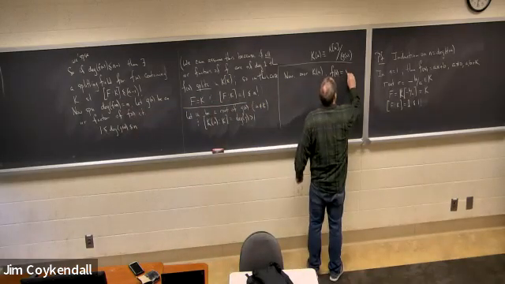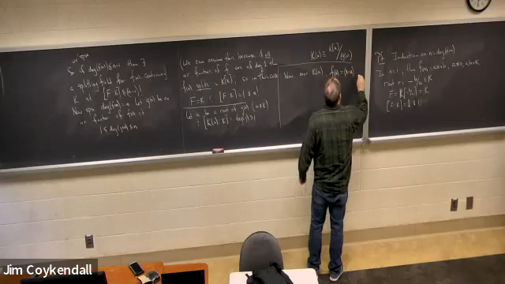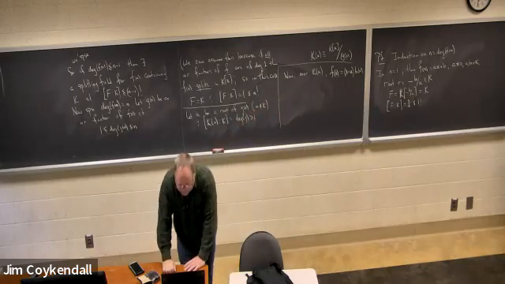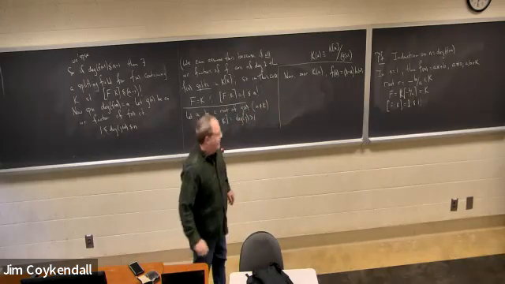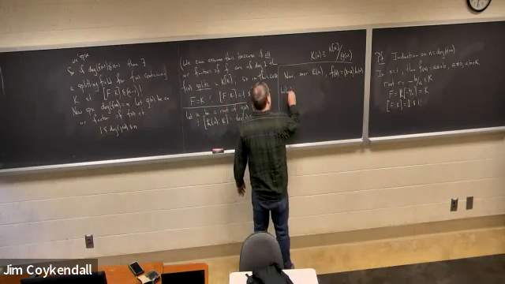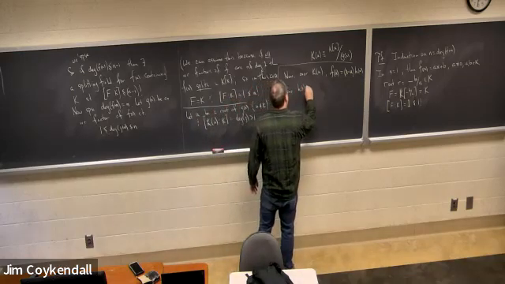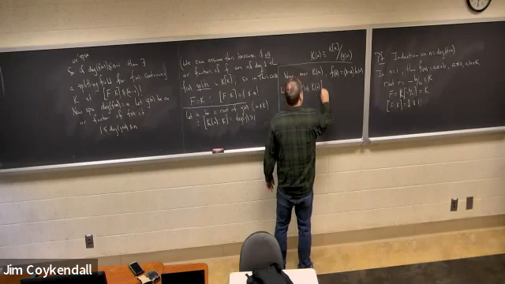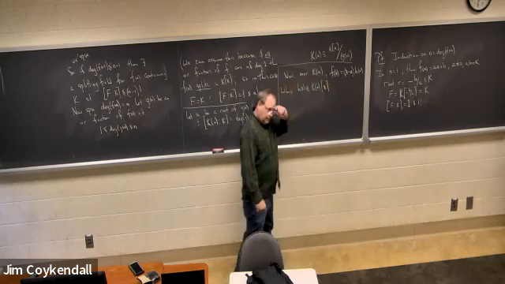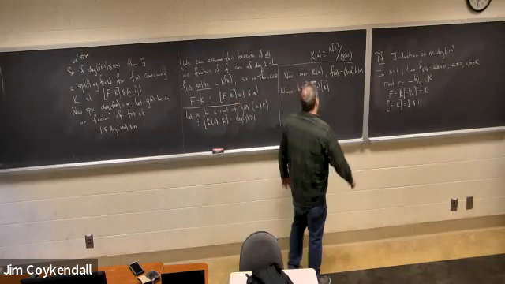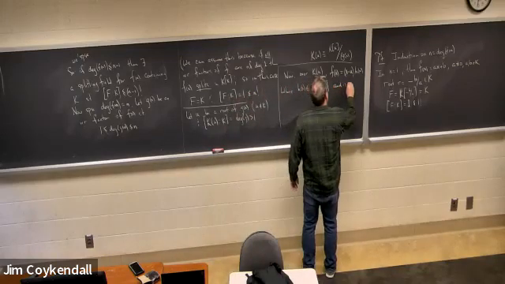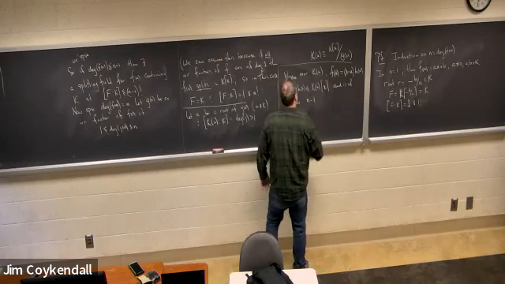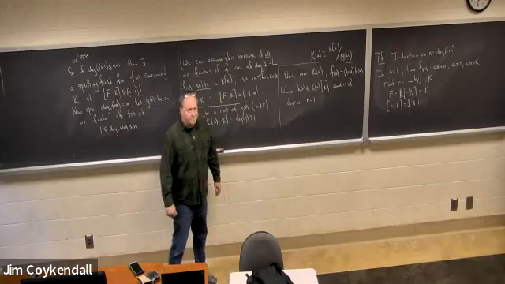So f(x) has that factor of (x minus u) times h(x), where h(x) is in K(u)[x] and is of degree n minus 1. Everybody okay with it?